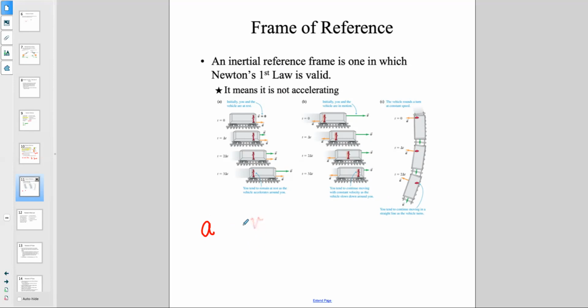And this is exactly part C. The vehicle goes around a turn at a constant speed, but you are going straight, because of the inertial reference frame.